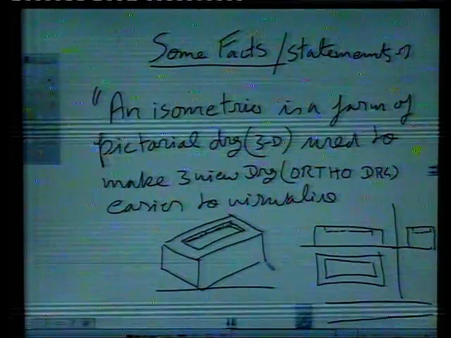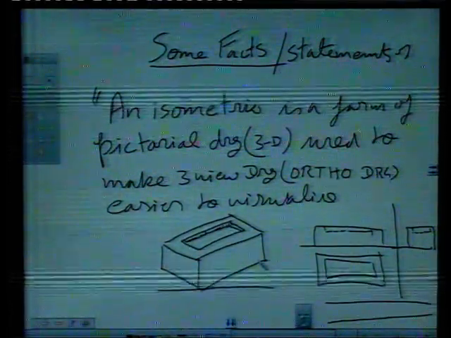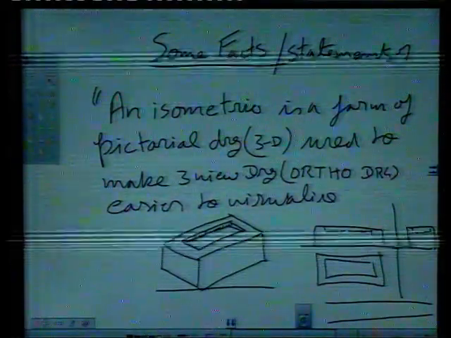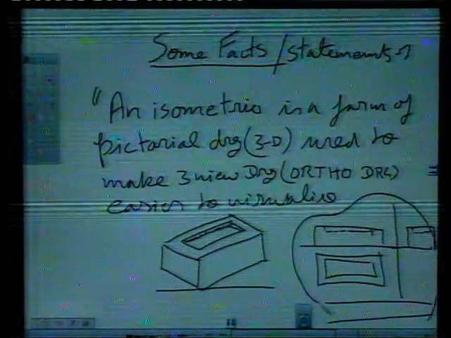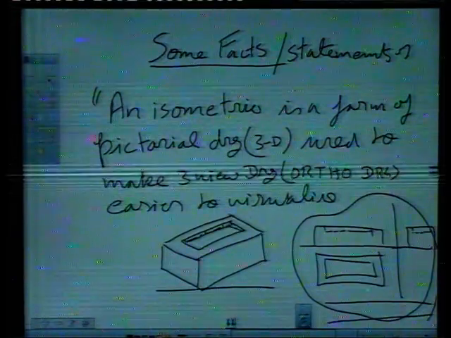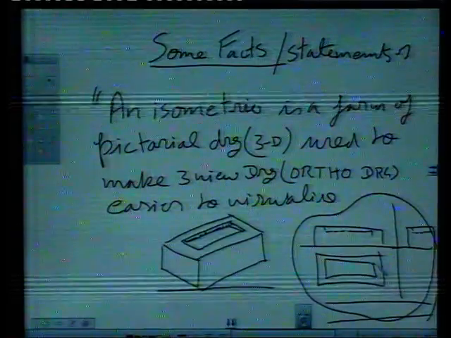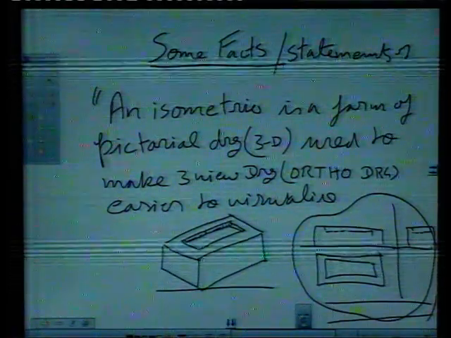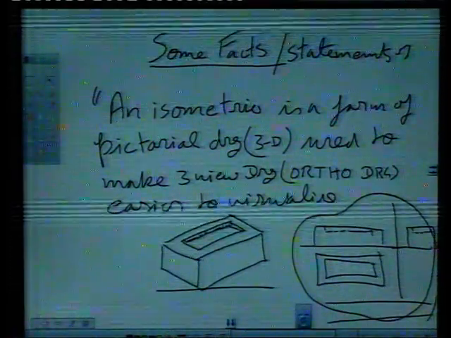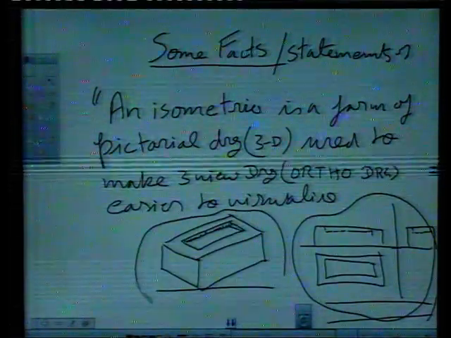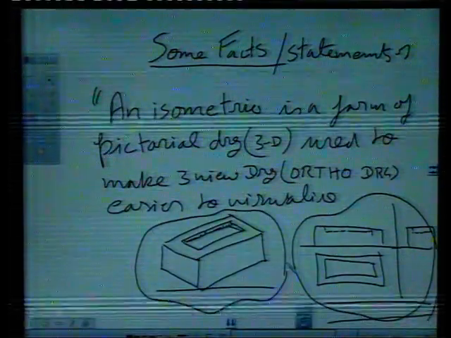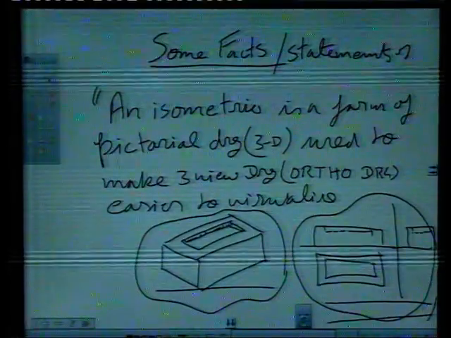From both these pictures, we can clearly see that this is orthographic, which is not easy to visualize by a layman or by everyone, and this is a 3D isometric drawing of a brick, and it is very easy to visualize by everybody. I hope this point is clear.